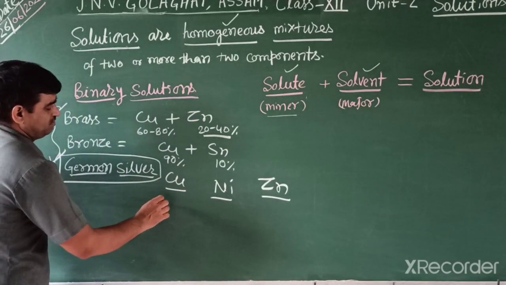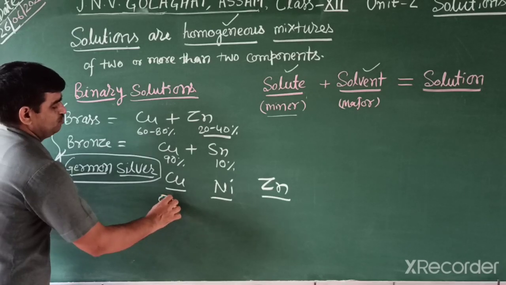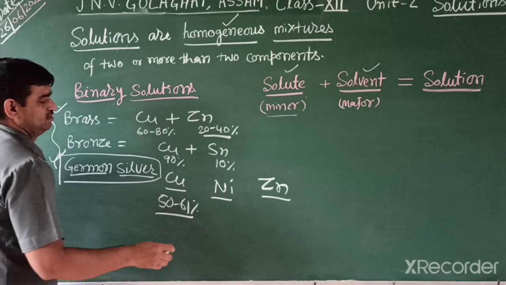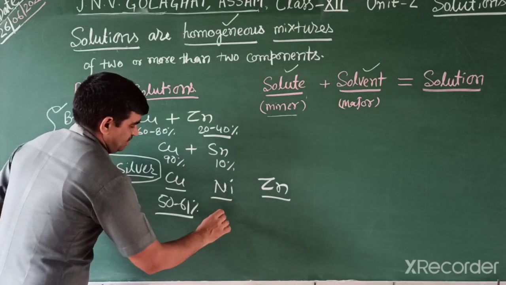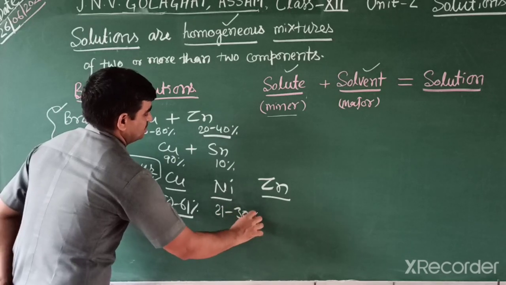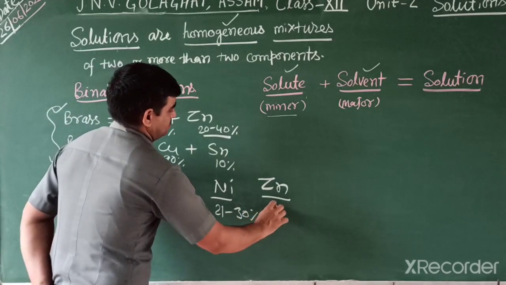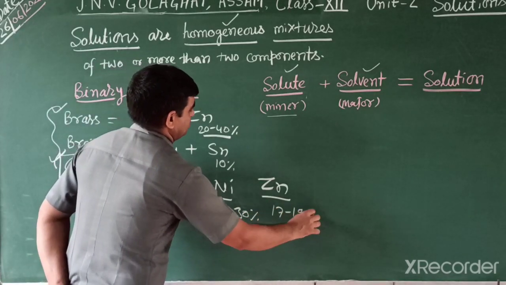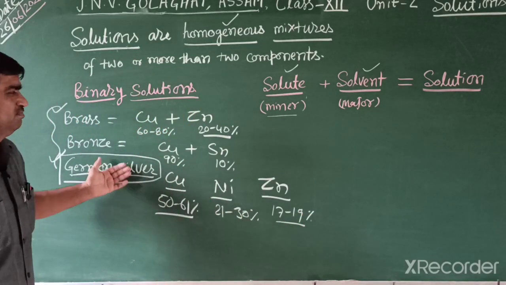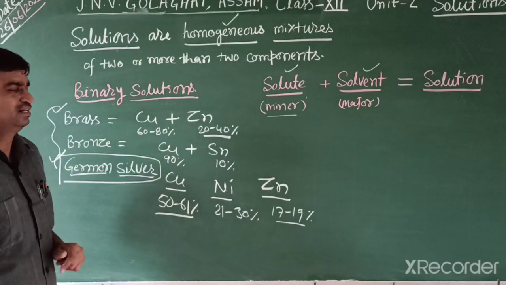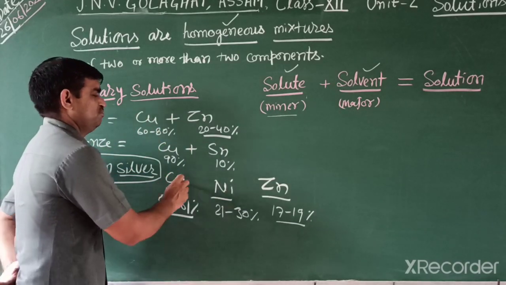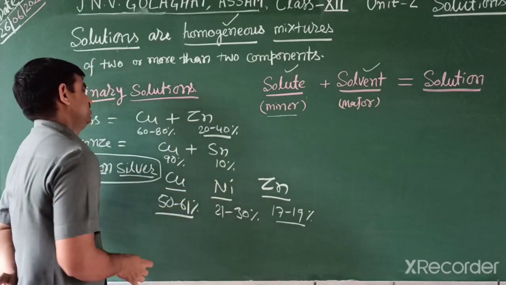Copper is approximately 50 to 61%, nickel is 21 to 30%, and zinc is 17 to 19%. Sometimes the exam asks what is the composition of German silver? That is copper, nickel and zinc.